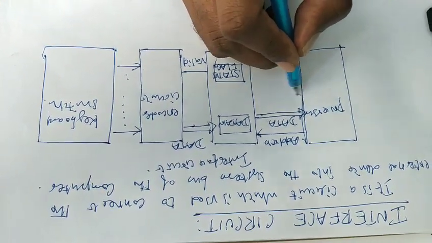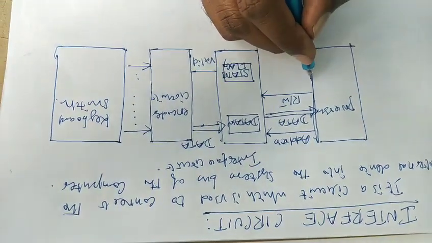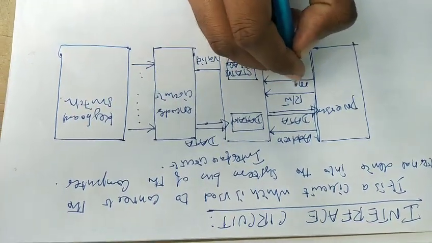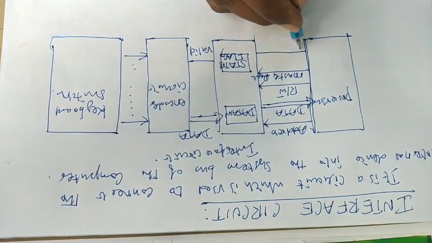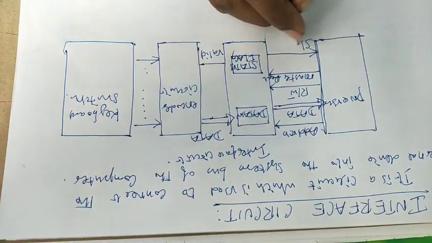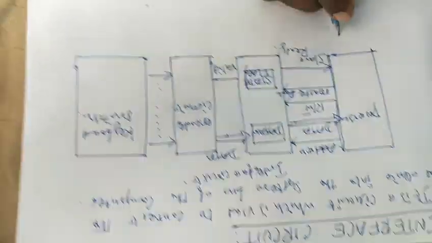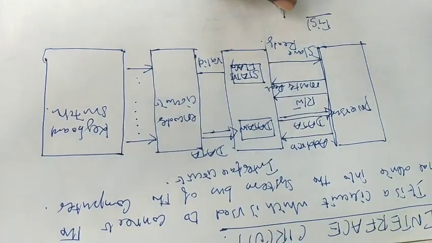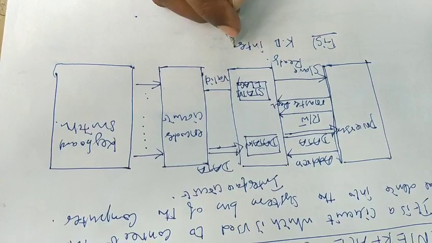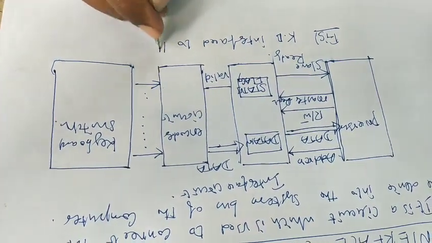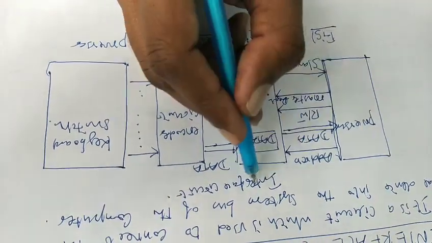The first is the read/write signal, the next is the master ready signal, and the third is the slave ready signal. So this is the diagram of how the keyboard is interfaced to the processor with the help of the interface circuit.